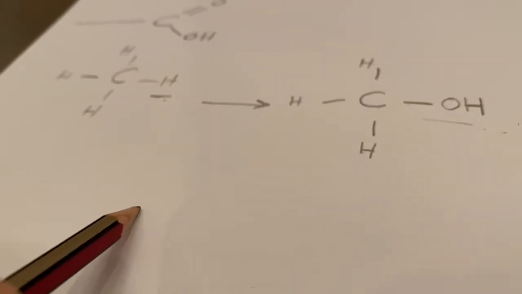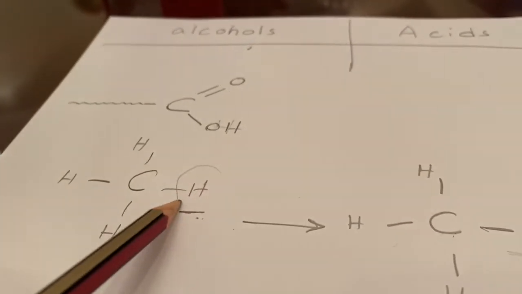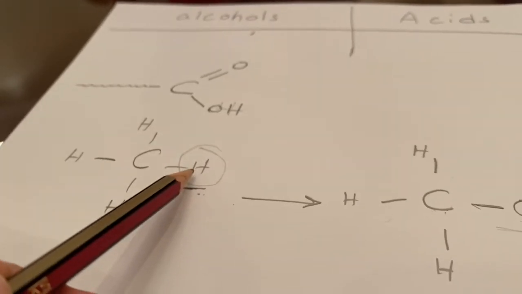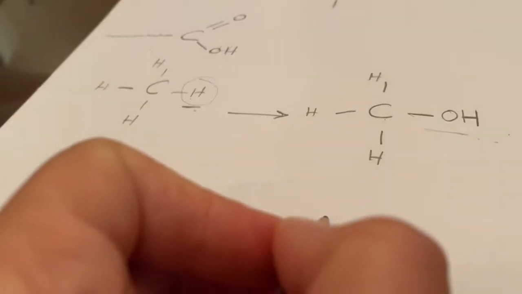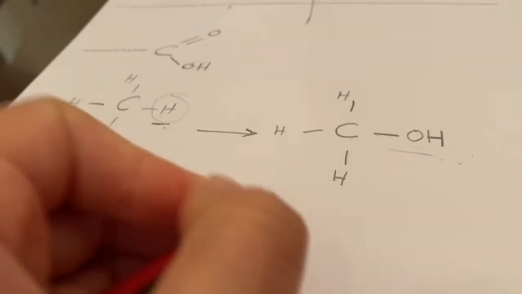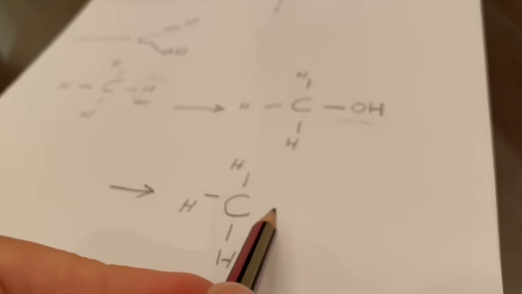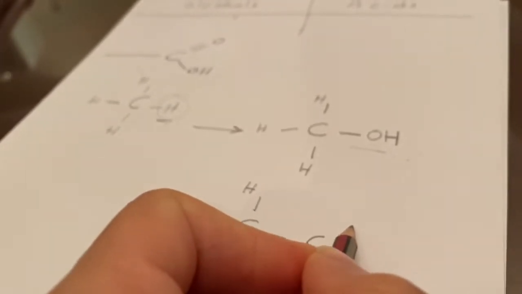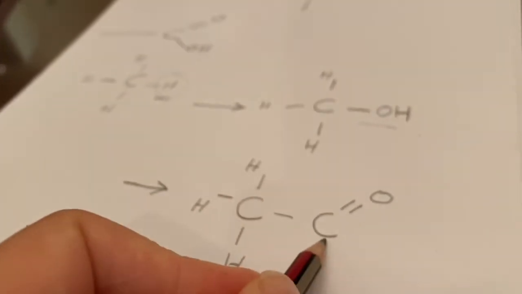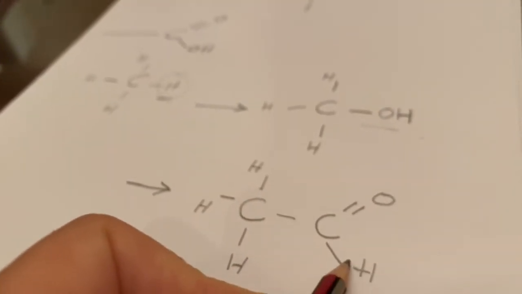Okay, what about carboxylic acids? Again, instead of having 1 hydrogen, you substitute the hydrogen by a carboxyl group. So this is a carbon and 3 hydrogens, and you substitute this hydrogen by another carbon, double bond O, and OH, COOH.